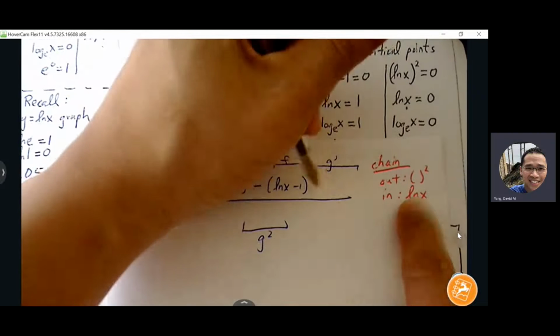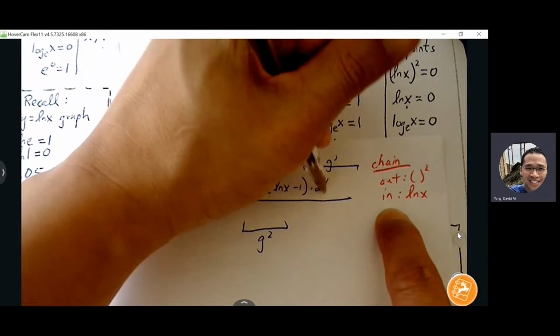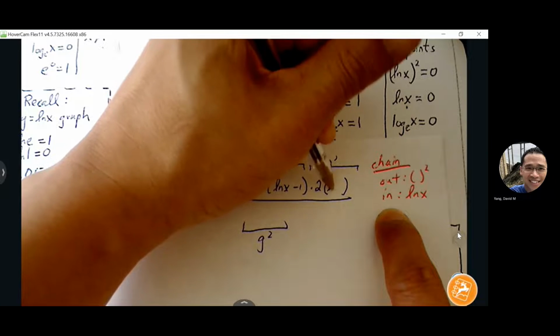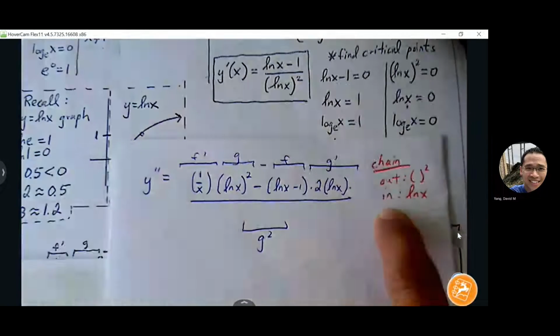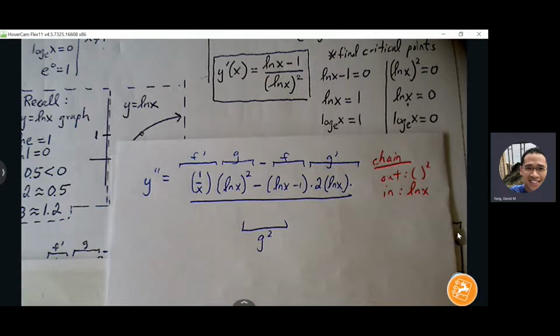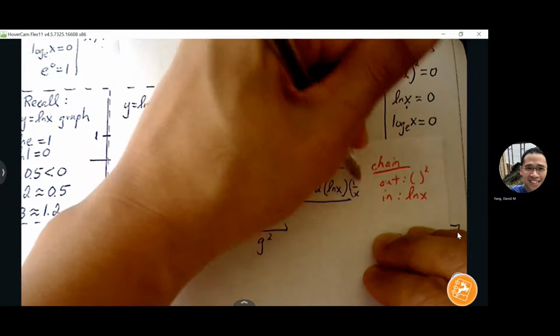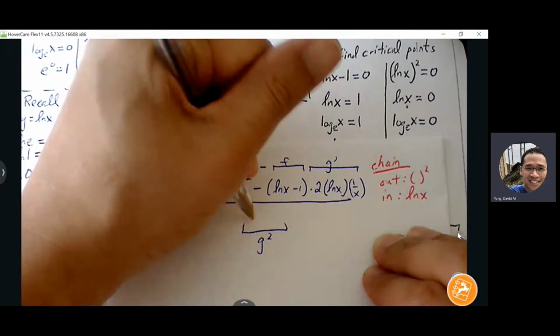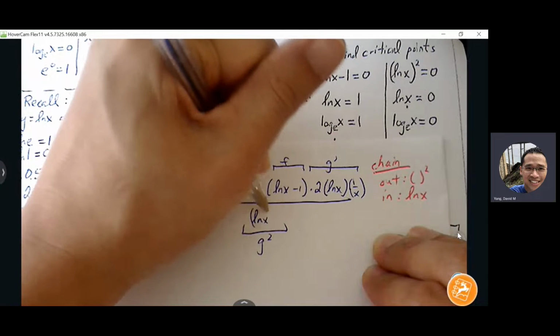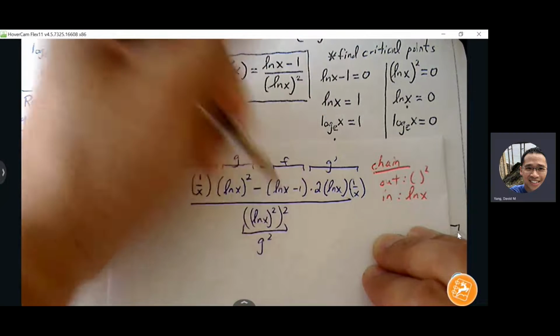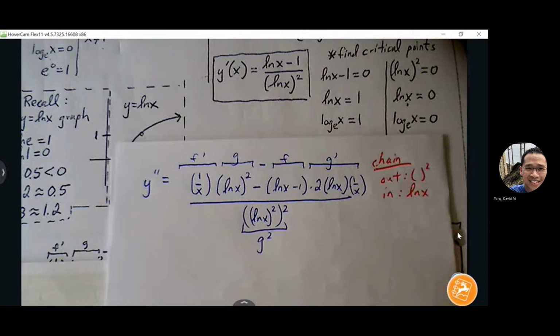Okay, outside's derivative: 2 parentheses to the first power. Inside's derivative, natural log of x becomes 1 over x. All over denominator squared. Natural log of x is already squared, so I got to square that again. So eventually it becomes to the 4th.